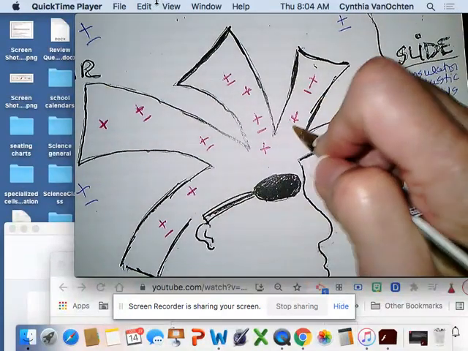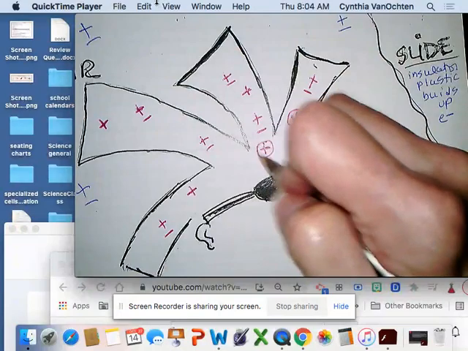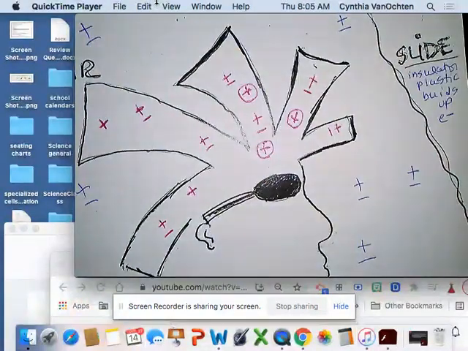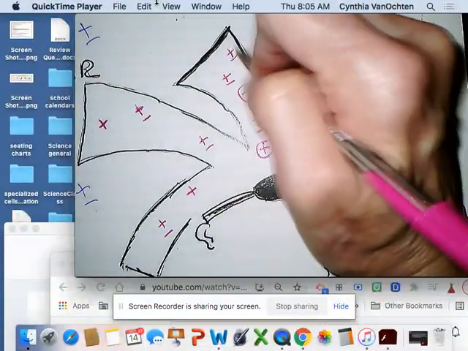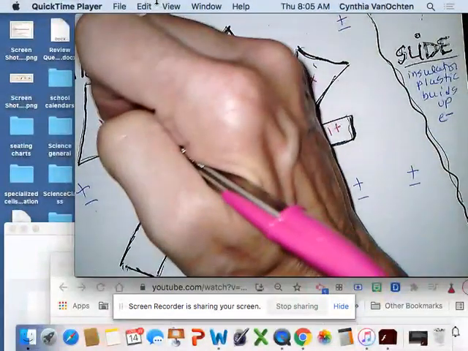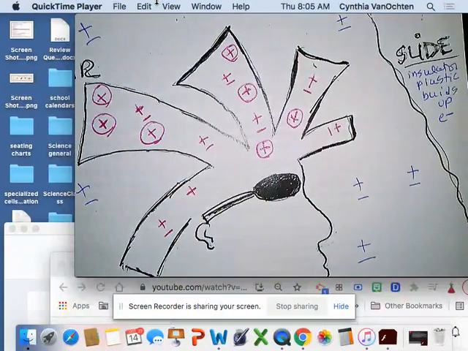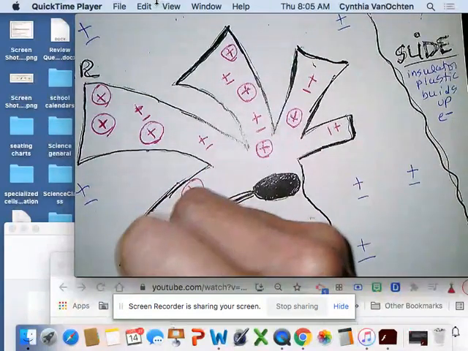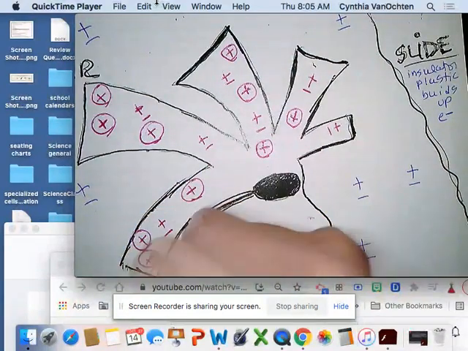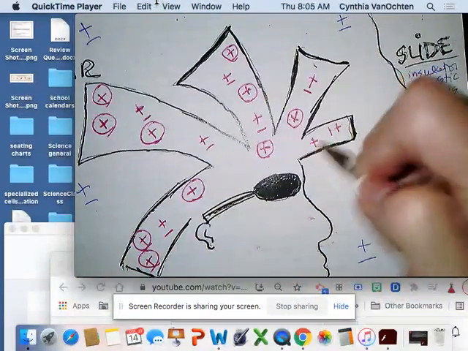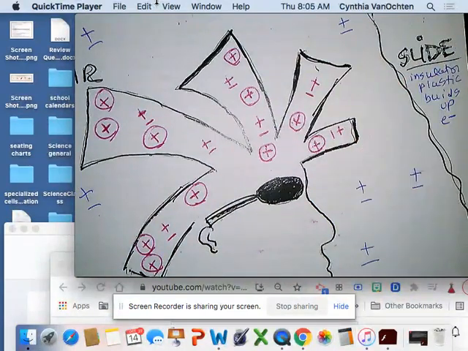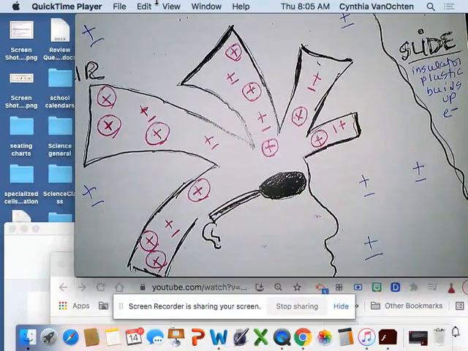I'm going to circle everything that's not paired up so you can see the charges I want to focus on. Every time I have something that's not paired, I'm going to circle it. This is just how I do my diagram.